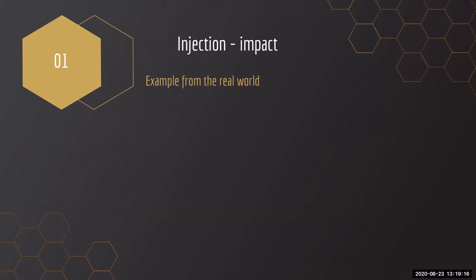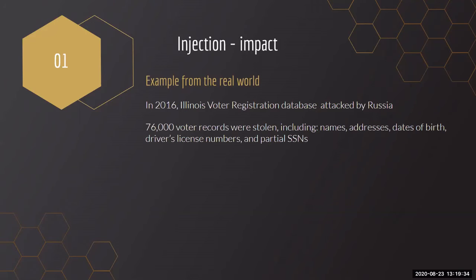So for an example from the real world, we're going to talk about the Illinois voter registration database leak that happened in 2016. I believe it was done by Russian state-backed hackers. 76,000 voter records were stolen, including names, addresses, dates of birth, driver's license numbers, and partial social security numbers.